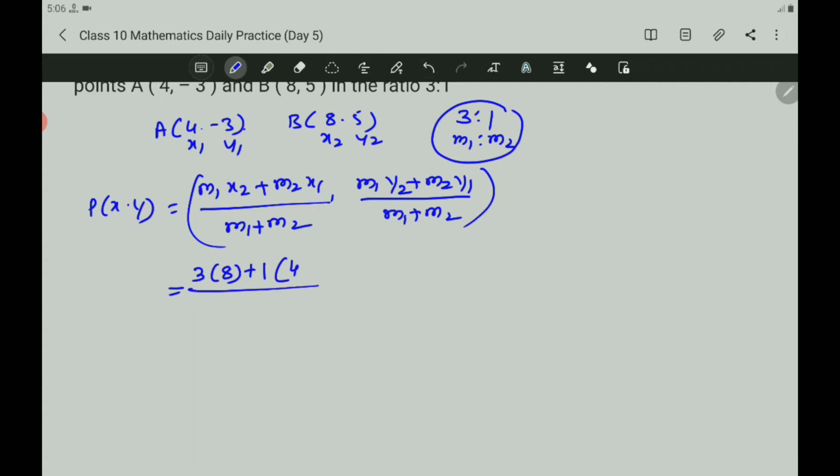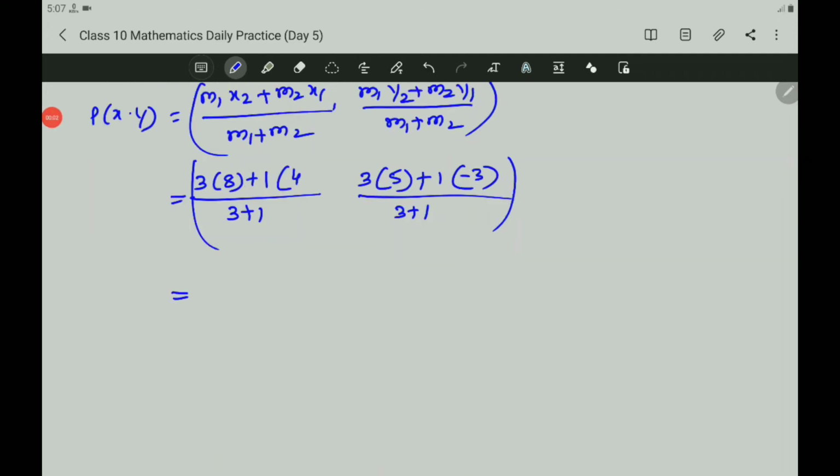That divided by m1 plus m2, that is 3 plus 1. Next, m1 is 3 into y2, y2 is 5, plus m2 is 1 and y1 is minus 3, that divided by 3 plus 1.